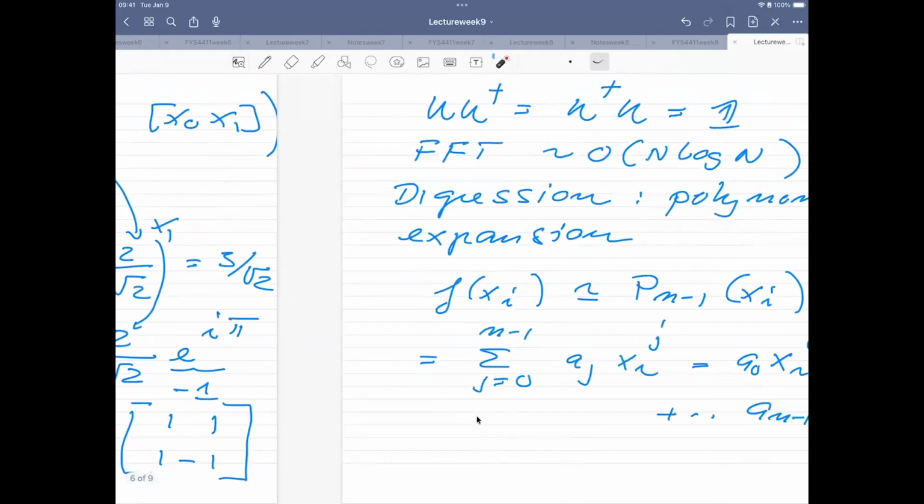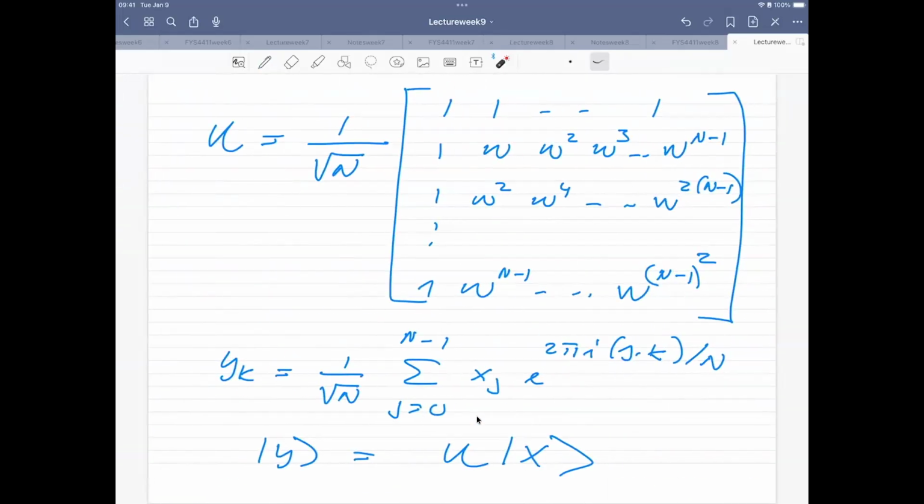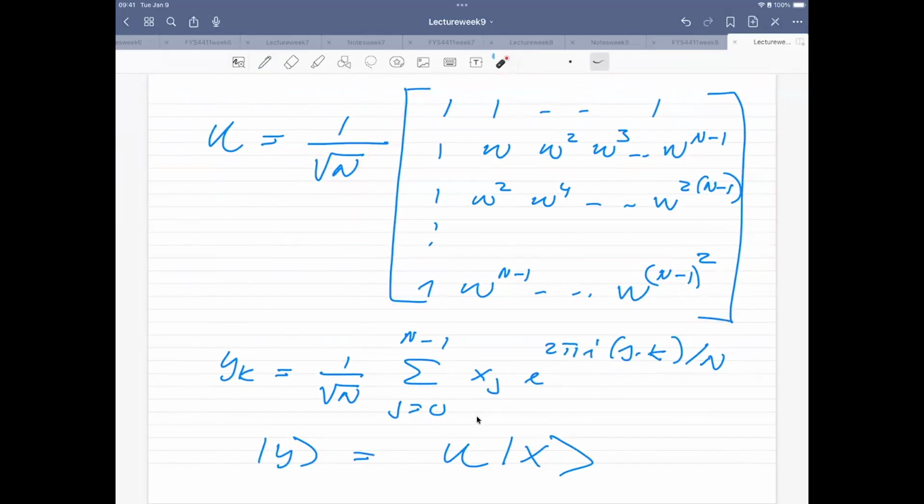The general expression for the discrete Fourier transform is then given by something which looks like the one we had for the polynomial approximation, except that now the matrix element is given in terms of these parameters omega, where omega is e to the 2 pi i divided by n.